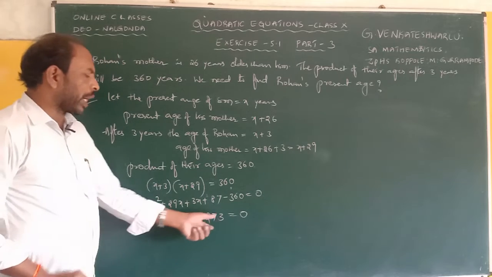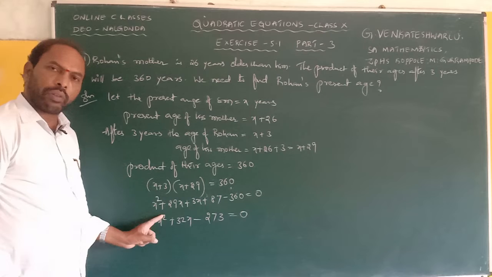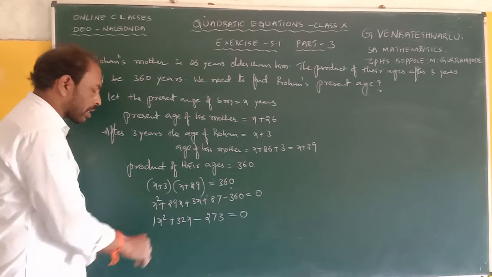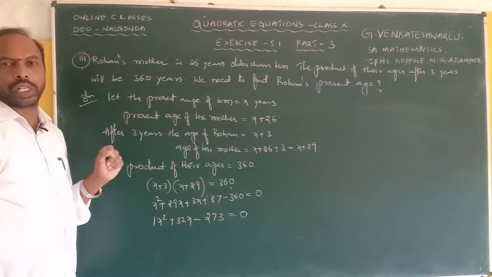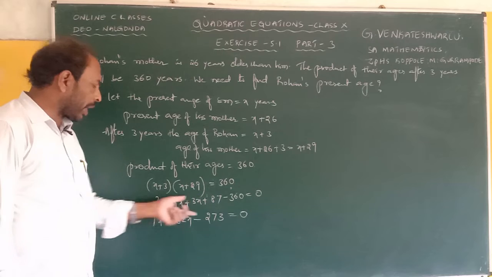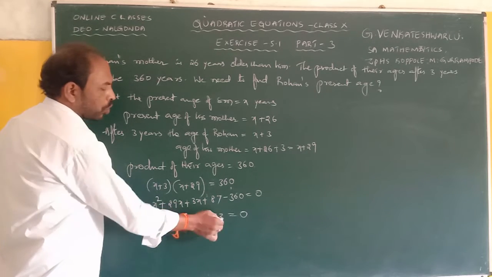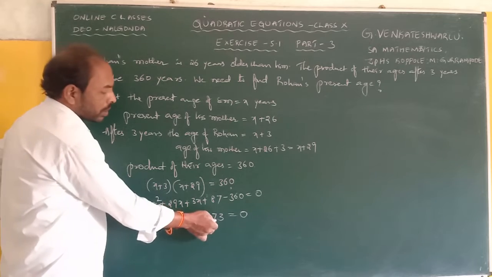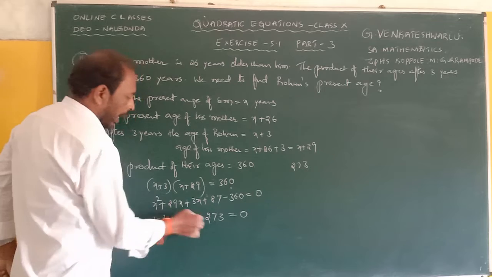Here we obtained a quadratic equation, a second degree equation, and the coefficient of x square is not equal to 0. That's why it is a quadratic equation. Now we have to resolve it into factors. For factorization, first multiply x square coefficient and constant: 273 ones are 273, plus into minus.